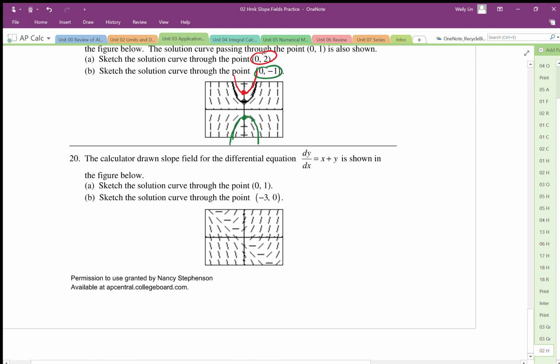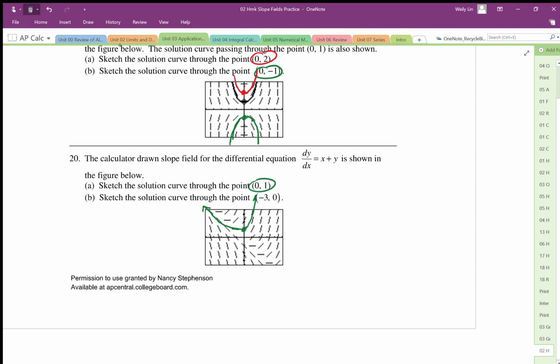And the same thing can be done here. And we can see that at 0, 1, so that point right there, it's going to be pointing up towards this slope field like that. It's going to point across, and then it's going to point along this like that. So that's our point starting at 0, 1.